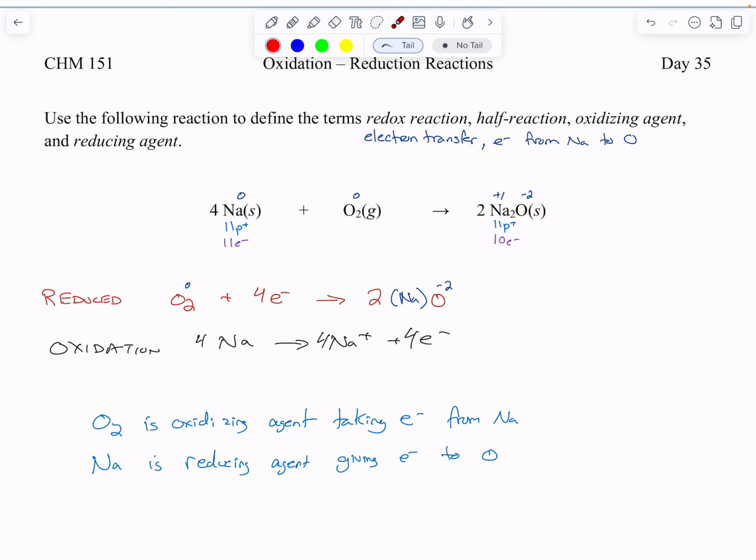And so my reduction: O2 plus 4 electrons going to 2 O's. We can probably just erase these Na's. All right, 2 O's that are 2 minus. And then our oxidation, we have 4 sodiums going to 4 sodium ions plus 4 electrons. These have to be the same, all right?